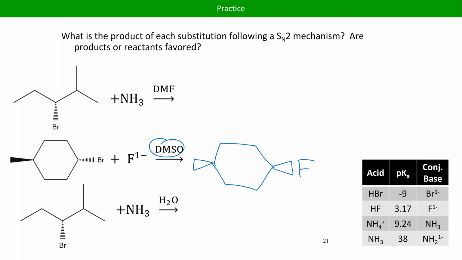So we went from cis to trans, trans to cis, thank you. And because the bromide is so much better of a leaving group than the fluoride, and we're in an aprotic solvent, we can just say that we're gonna favor the product side.